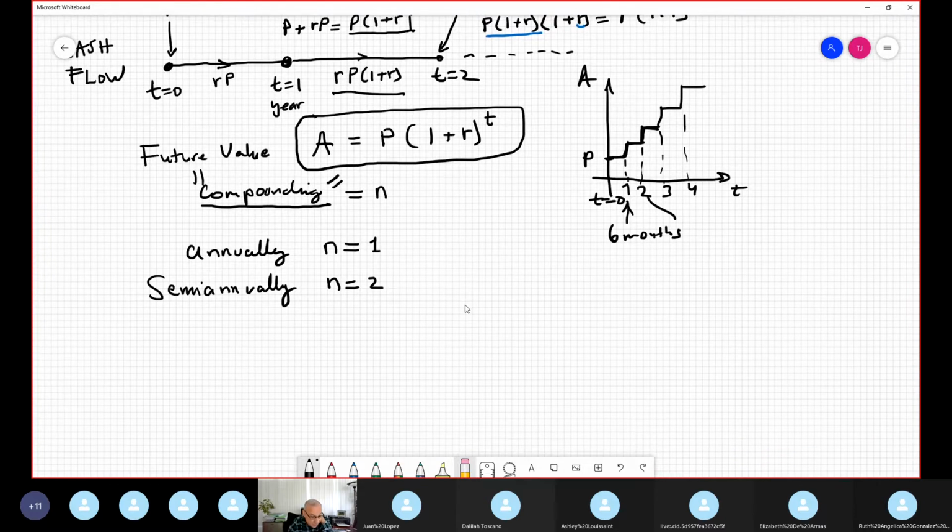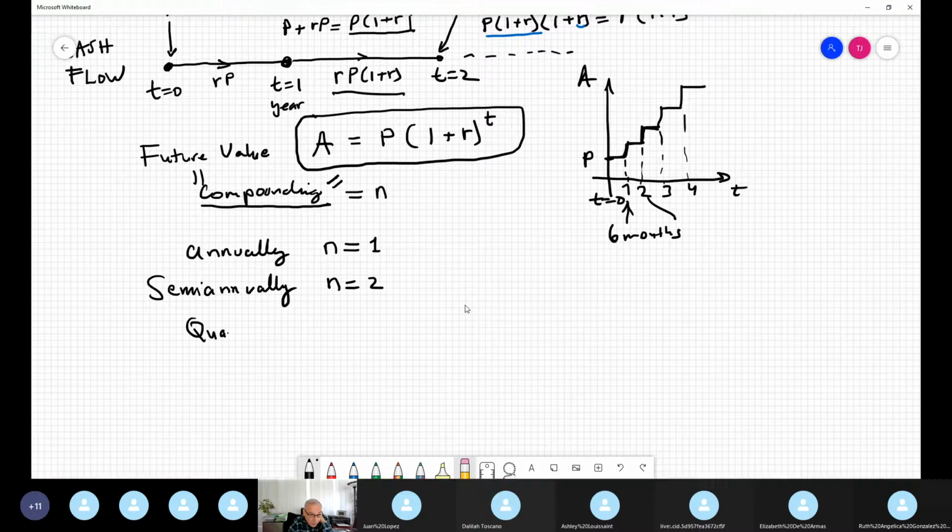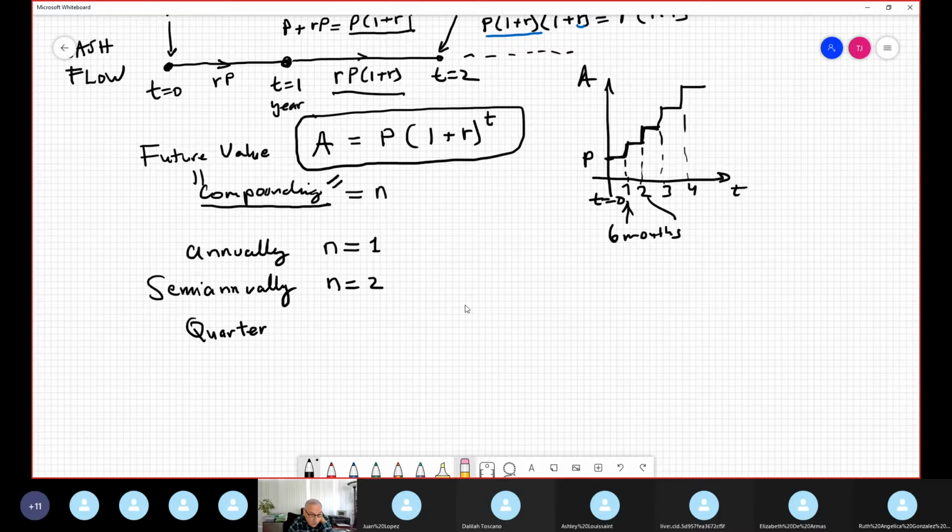But you have another possibility, quarterly. Quarterly is 4. So the stairs increase every 3 months. So 4 times in 1 year, and so on.